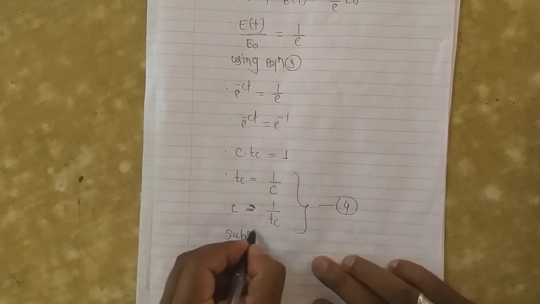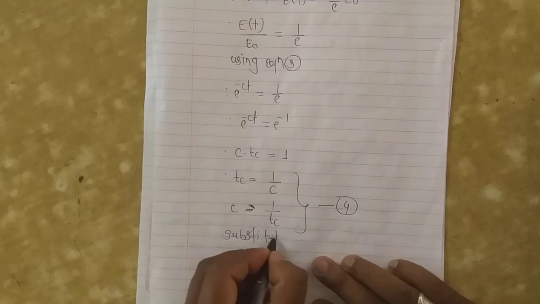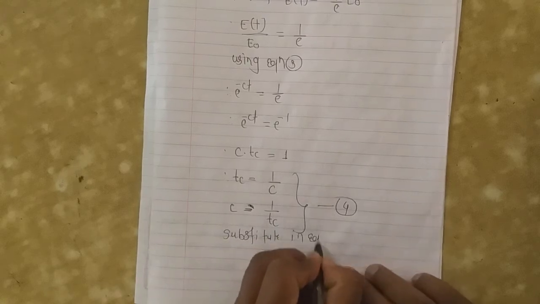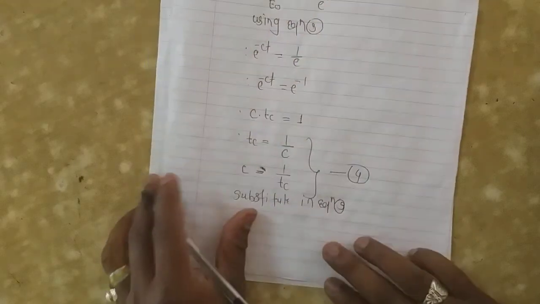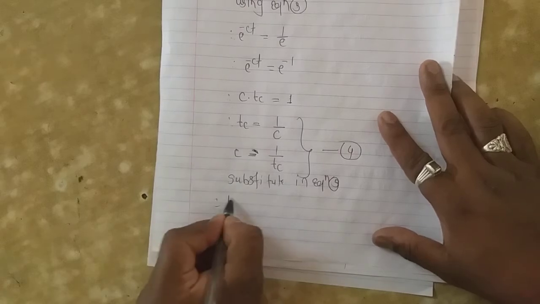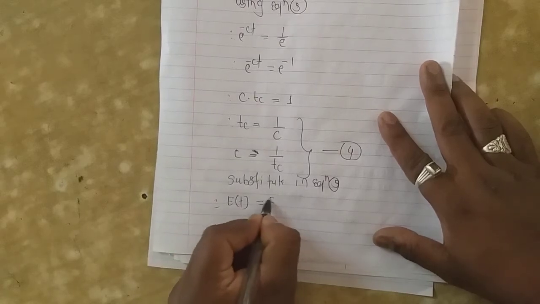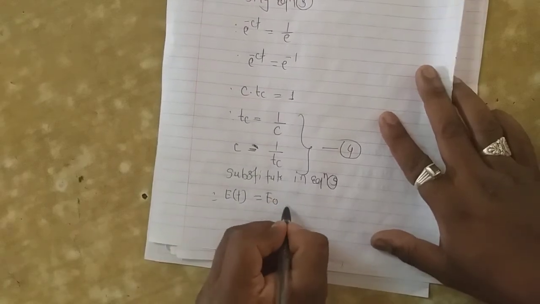Substitute in equation 3, E of t is equal to E naught e raised to minus Ct.